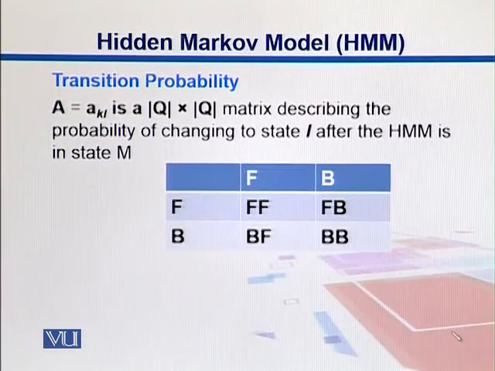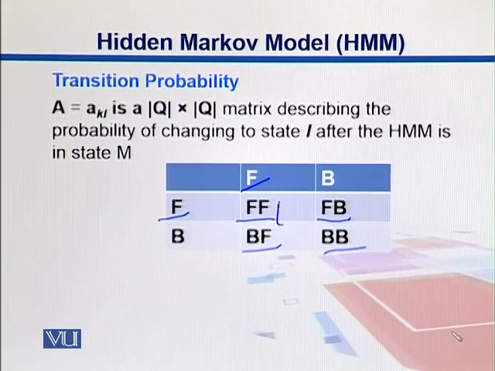For example, if the system is in the fair state, it can stay fair, which is staying in the same state, or move from fair to biased. Same way we have biased to fair and staying biased. That matrix we fill up with actual numbers.